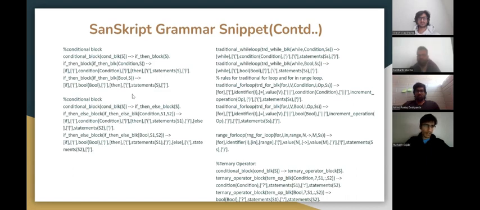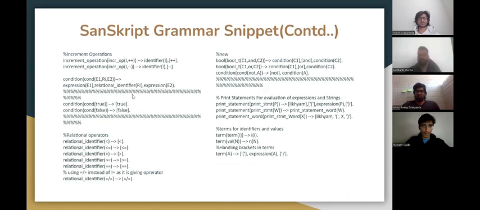We can see the syntax of each of the conditional blocks on the screen. For the if then and if then else block, it is the standard syntax that is followed in programming languages, and a similar suit is followed for the ternary operator, as can also be seen on the screen.